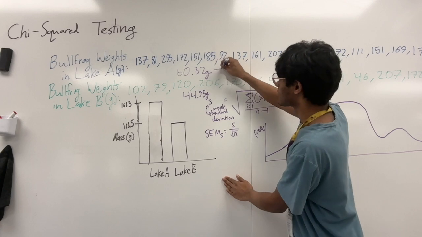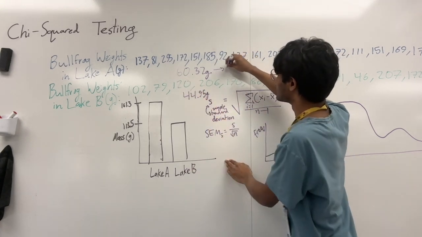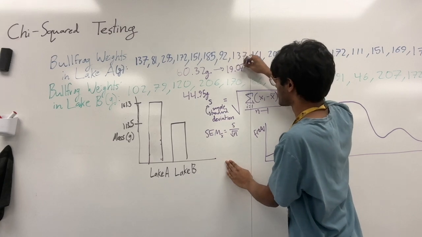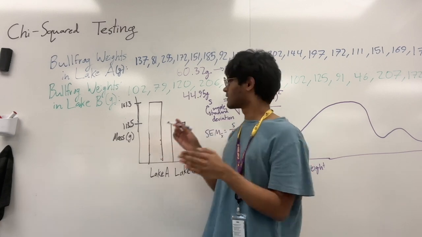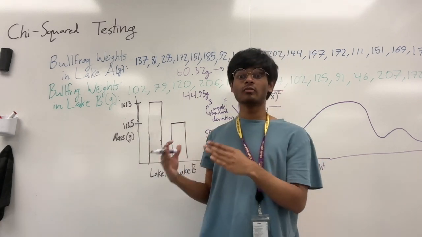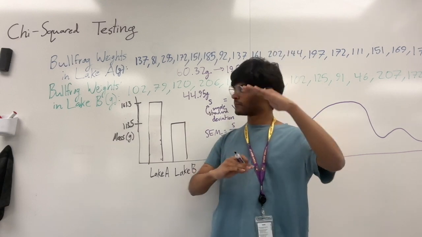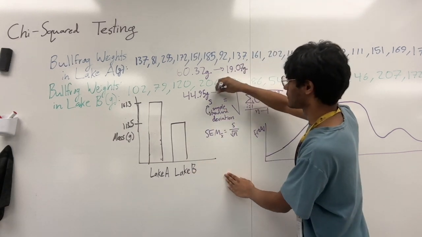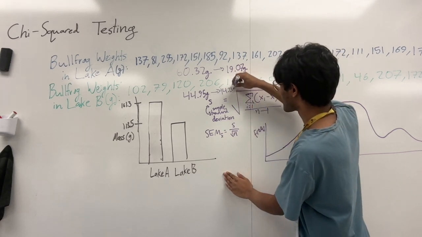In this case, for bullfrog weights, my standard error for Lake A is 19.07 grams. That's how far, I think, in some way, the true mean could be from my estimated mean. It describes in some way that distance. If I do the same calculation for Lake B, I get 14.21 grams.